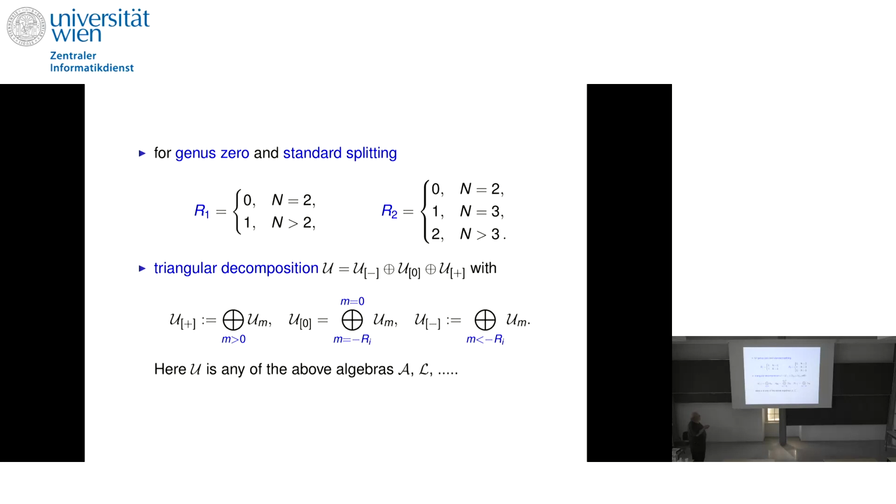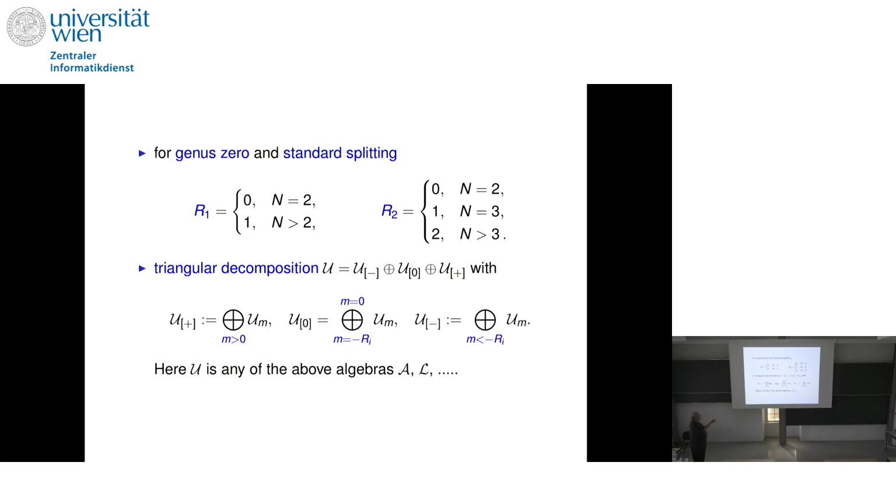Now, this allows us to have a diagonal decomposition of our algebras. We have the positive here. We have the negative one, but the negative ones which are below a certain constant minus R1. So, and they close for algebras because by the almost grading, these are sub-algebras.